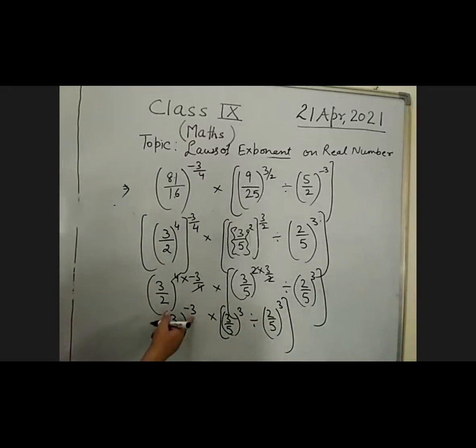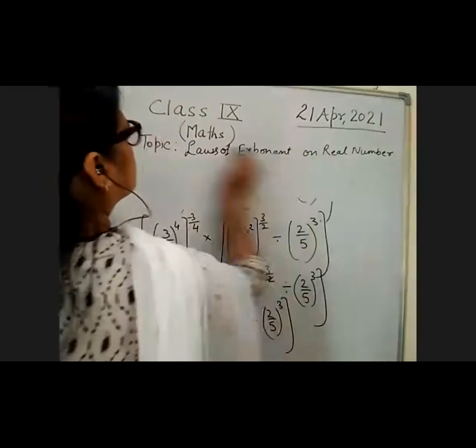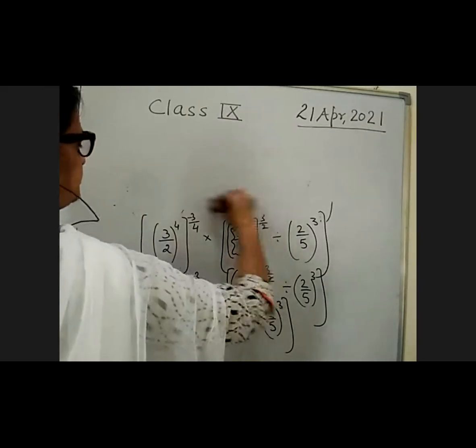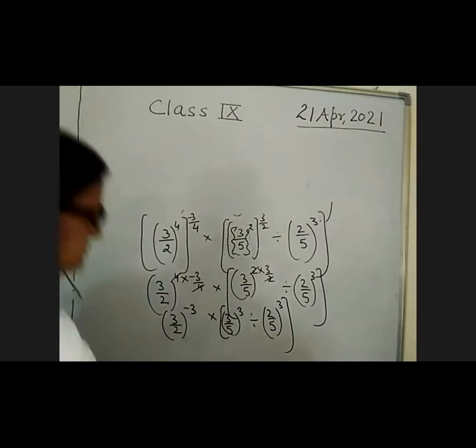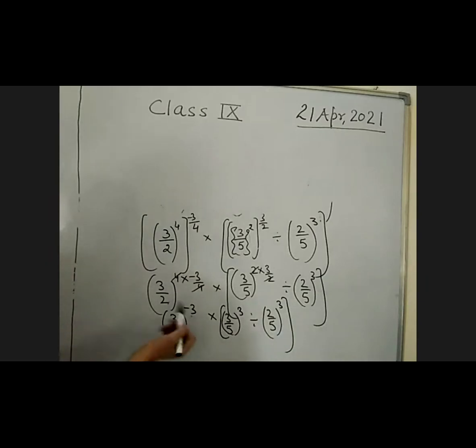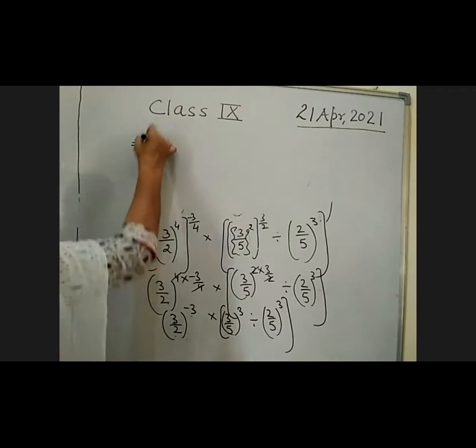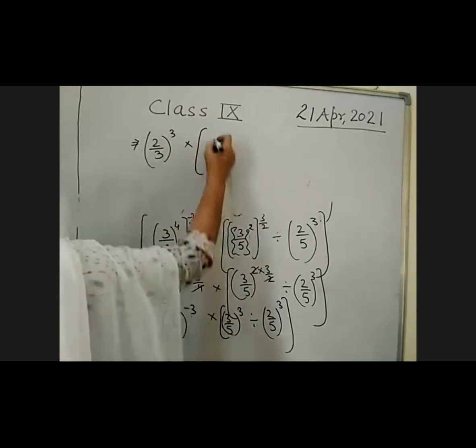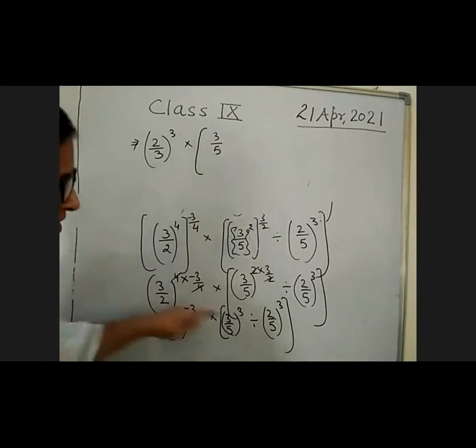Now when the power is given in the negative form, how can you change this? Three upon 2 power is in the minus form, so you will take the reciprocal of this number, 2 upon 3, the power becomes positive, and multiply 3 upon 5, power 3.